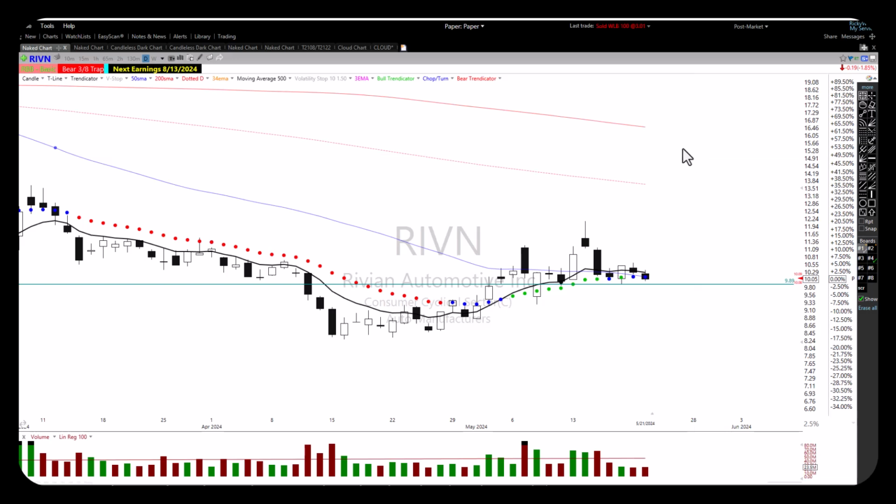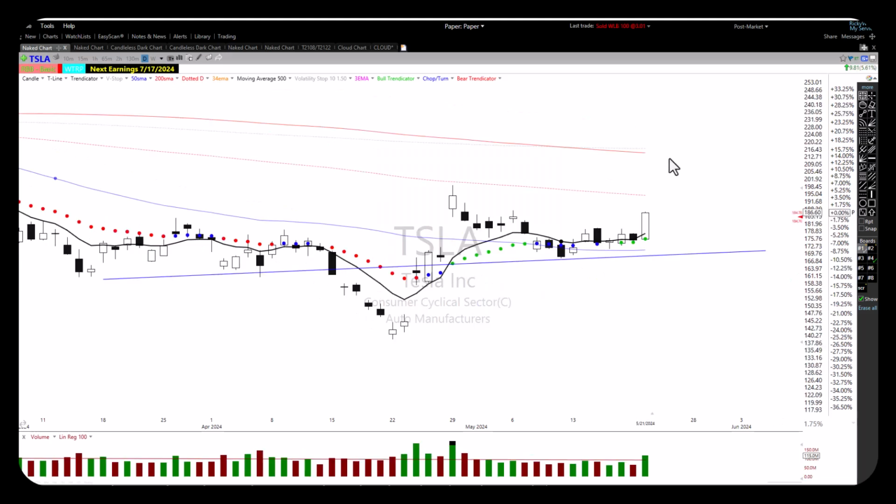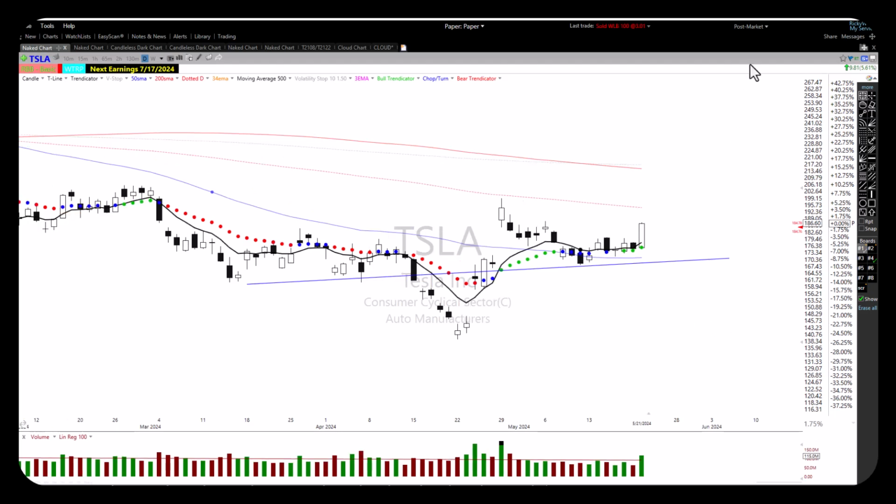All right, so let's look at some of these. Here's some things I bought. Well, let's start with what I bought today. I bought some Tesla today. All right. So one of the things I like here is, let me see if I can do this.